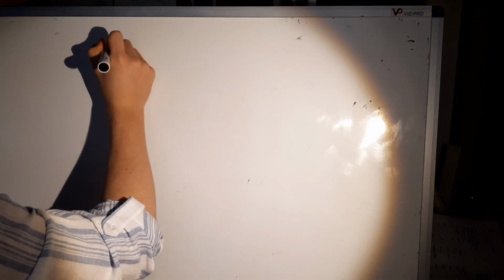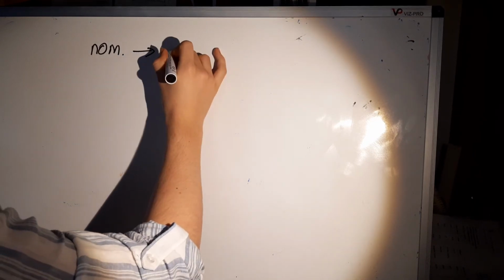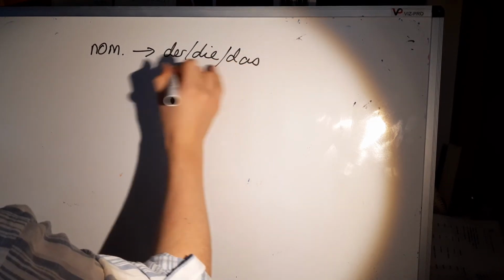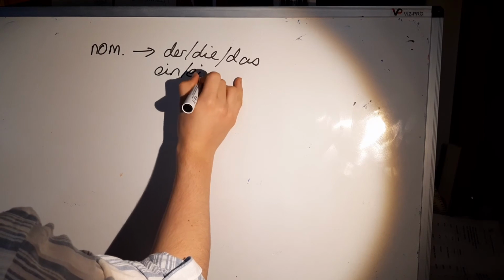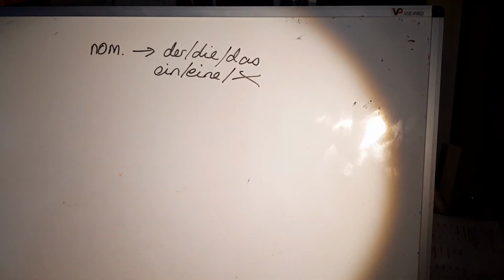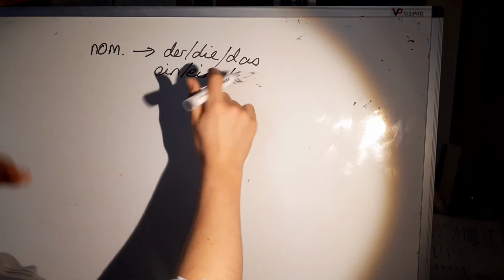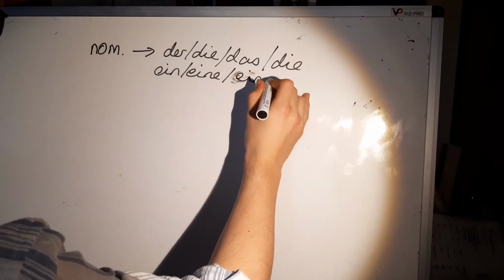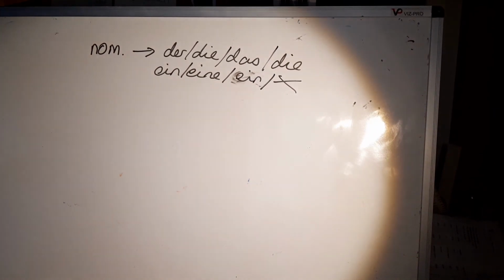So, where do we start? So the nominative, which I'm just going to shorthand as nom, which you will see in a lot of dictionaries and a lot of grammar guides, that's the one where you have der / die / das, ein / eine / ein / nothing, and then there's again die for plural, and then there's nothing because you don't have birds or whatever, plural.